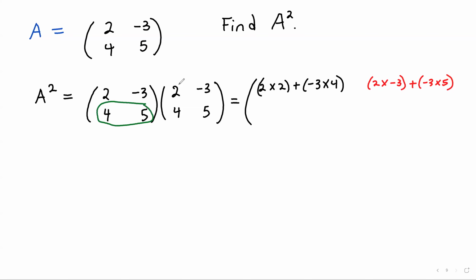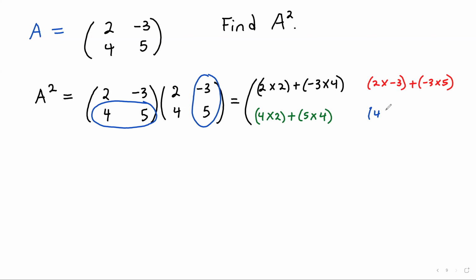So row 2, column 1, that's this position here. So that would be 4 times 2 plus 5 times 4. And then the last one, row 2, column 2. So row 2, column 2, this is row 2, this is column 2. So it'll be 4 times -3 plus 5 times 5.